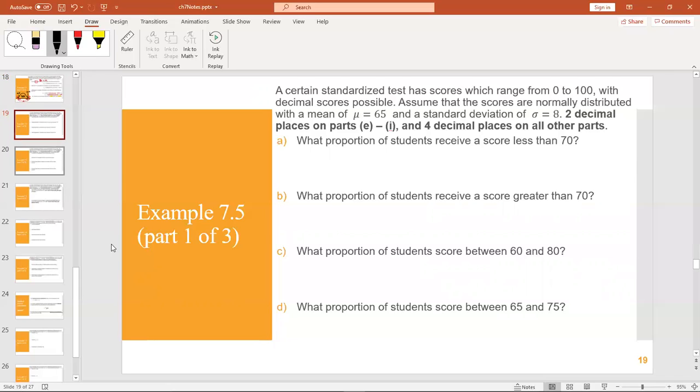So we have a mean of 65, we have a standard deviation of 8. You notice here we're going from 0 to 100.